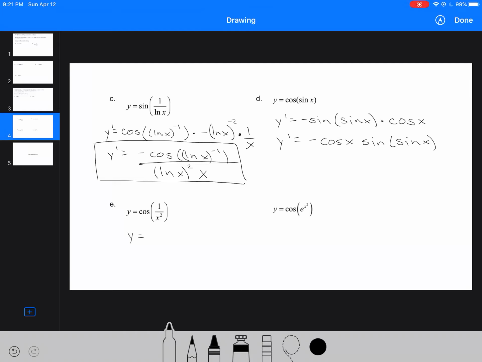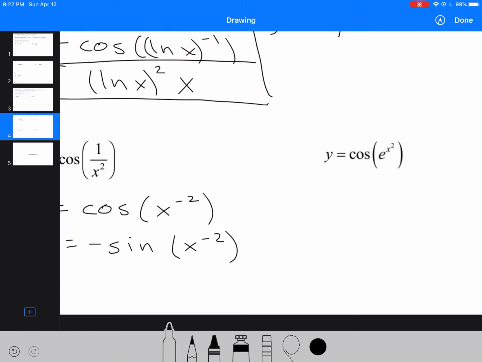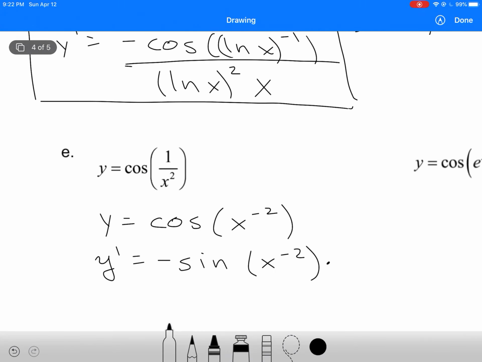Okay. Next one here, we've got y. I'm just going to write it like this. So y equals cos x to the minus 2. So I'm going to take the derivative of the outside function first, which is the cos, leave the inside function the same, and now I'm going to multiply by the derivative of the inside function.